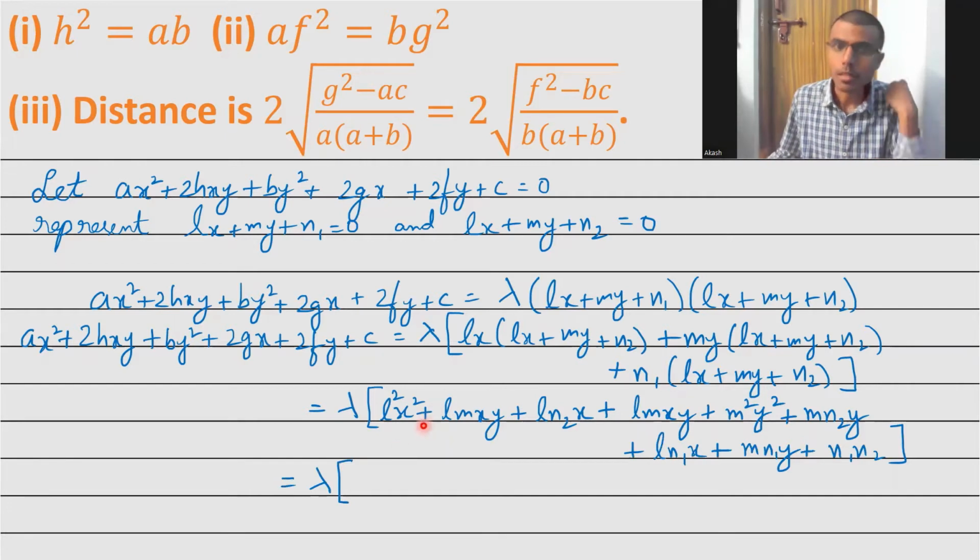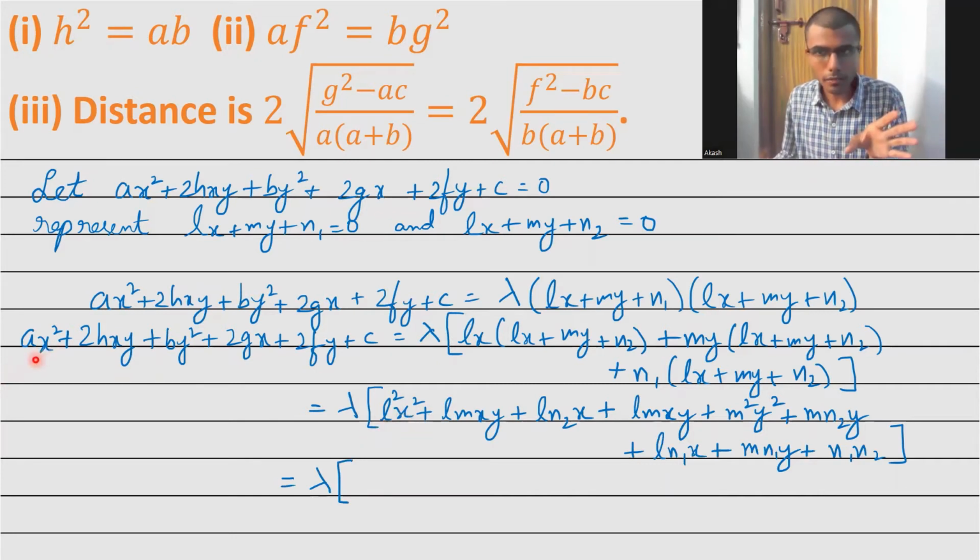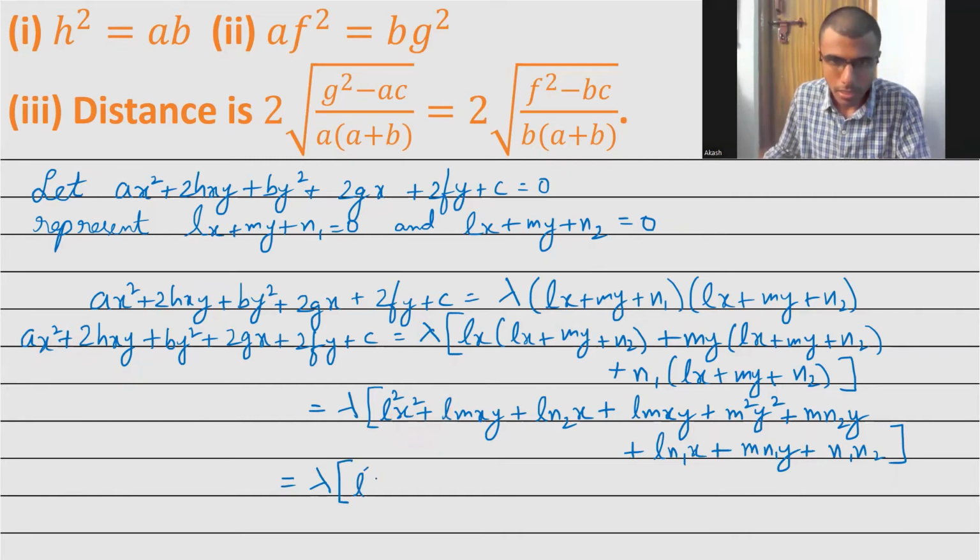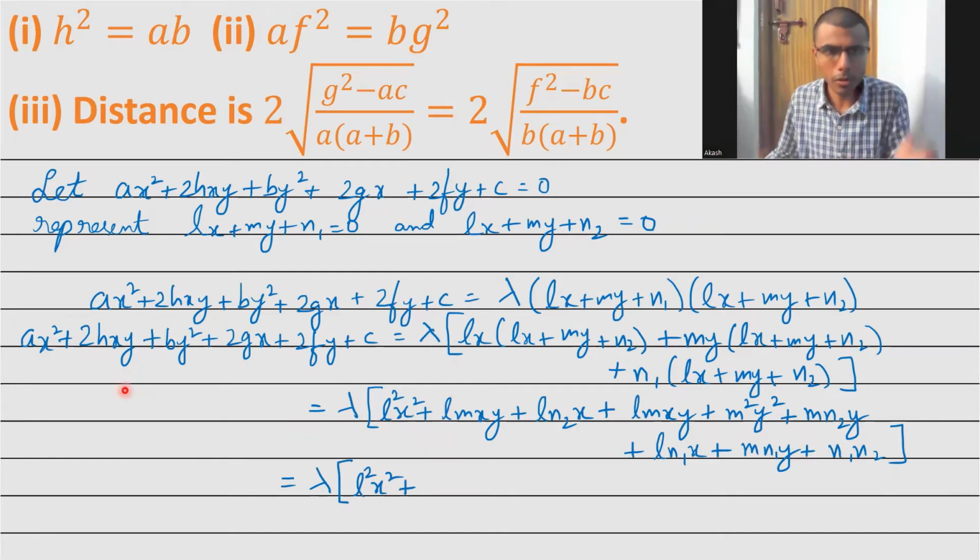Let's try to group terms. Now L square x square, keep it as it is. See how I'm going to group it is such that I'll get something of similar order. In the LHS, the first is ax square, so the x square term is in the beginning. Here also I have the x square term in the beginning: L square x square. Now I want the xy term.